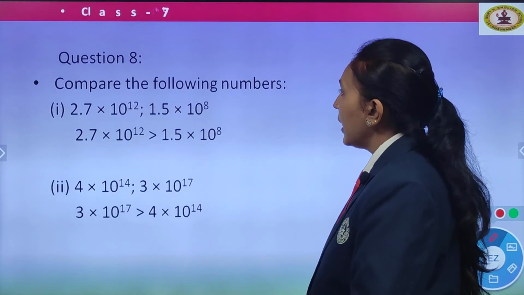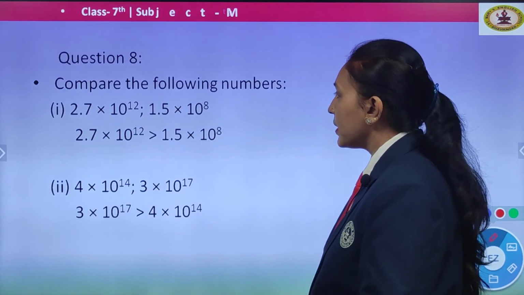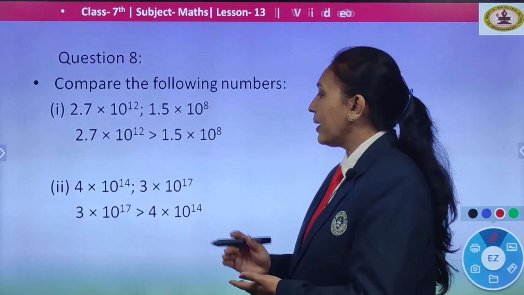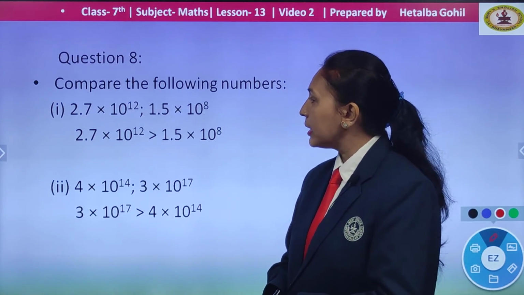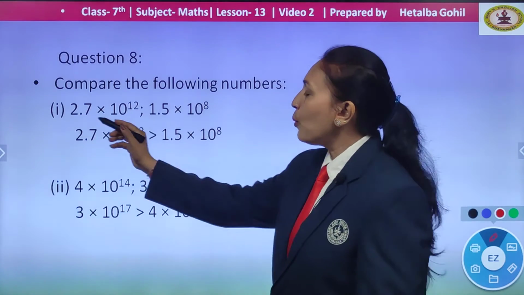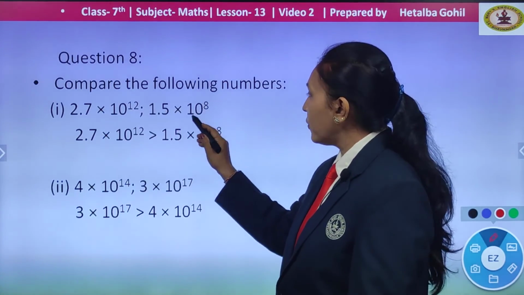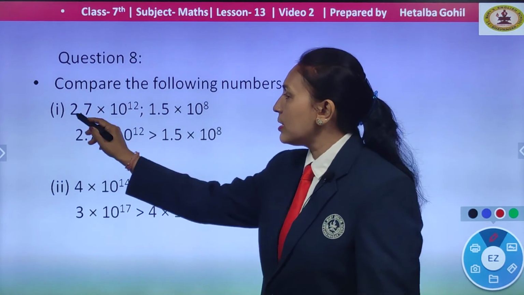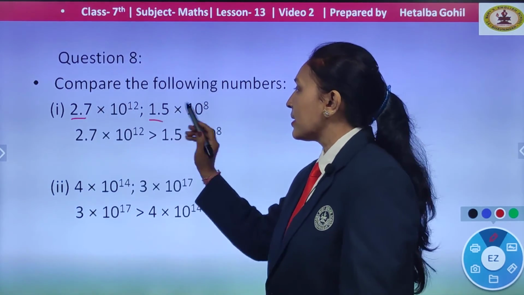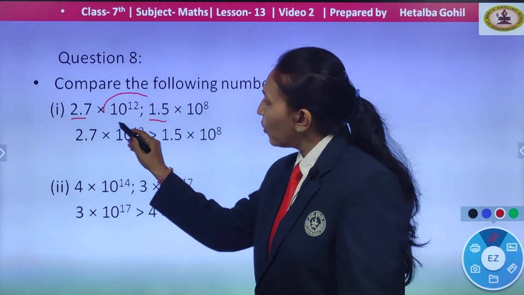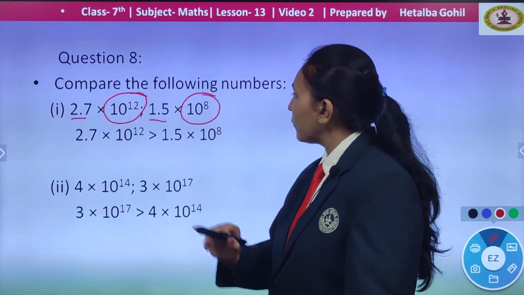Question number 8, compare the following numbers. Children, now we have to compare which is greater among the two. Here 2.7 into 10 raised to 12, 1.5 into 10 raised to 8. Now children, don't focus on the decimal number, just go with the base 10 given in exponential form.